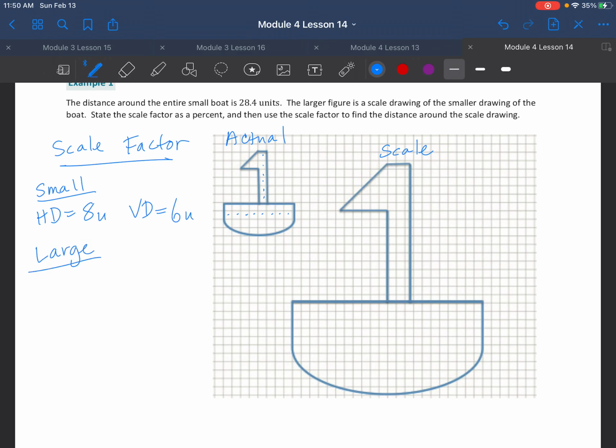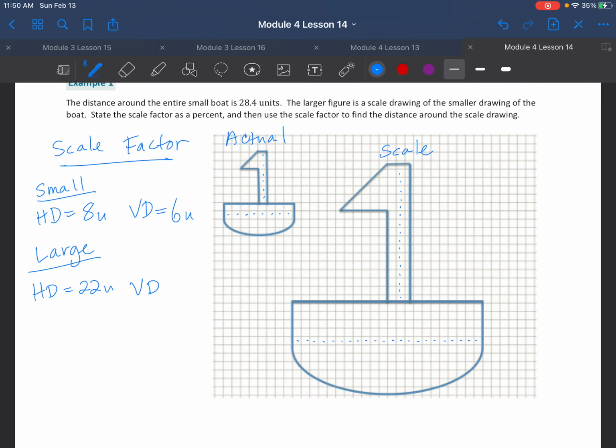Our vertical distance is the vertical distance of the little sailboat part. So that's 1, 2, 3, 4, 5, 6 units. Now let's look at our large boat. Our horizontal distance for this one is 1, 2, 3, 4, 5, 6, 7, 8, 9, 10, 11, 12, 13, 14, 15, 16, 17, 18, 19, 20, 21, 22.